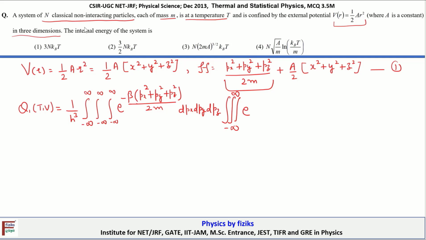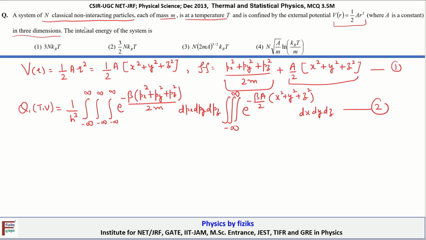Then the exponential of minus beta A by 2 multiplied by x square plus y square plus z square, and then dx dy dz. Let's call this equation 2. So we have to solve this.